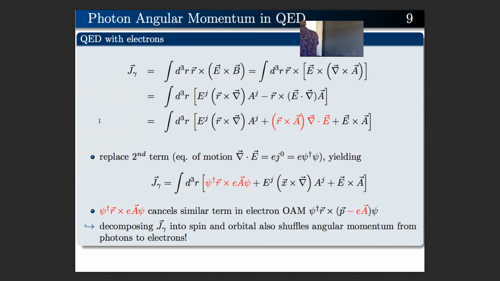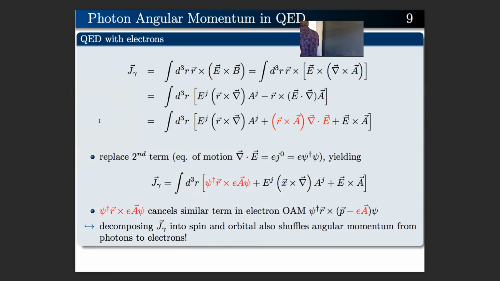The second term, to simplify it, I do an integration by parts, which gives me two terms, one where the derivative acts on the electric field, yielding the divergence, and one where the derivative hits the position operator. After some algebra, you wind up with the cross product between the electric field and the vector potential, and the position operator is gone. This one I talked about already, it's the photon orbital angular momentum.